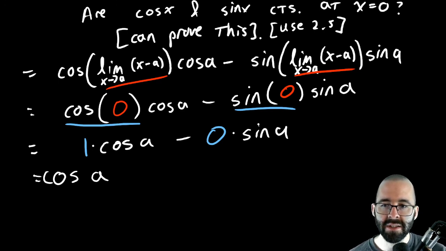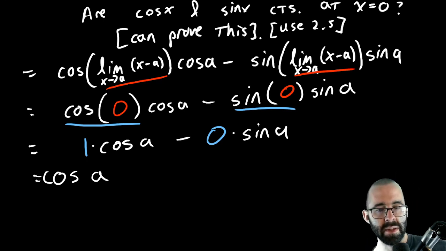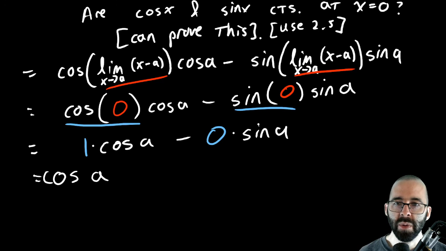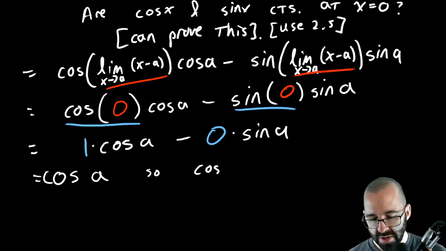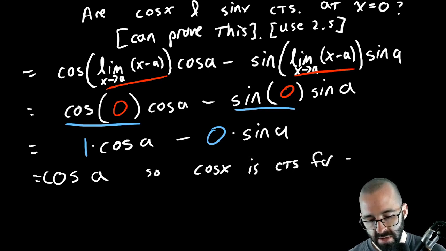We wanted to prove that it's continuous at all points. So we picked an arbitrary point and showed it was indeed continuous there. And there are other methods of proving this as well, using the definition of the limit. But this is one way to kind of combine everything and show cosine of x is continuous for all real numbers a.